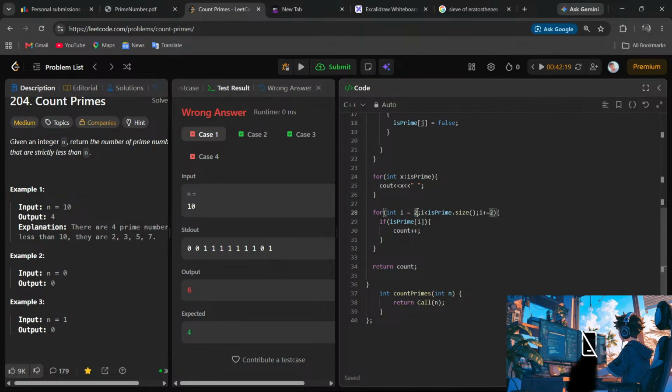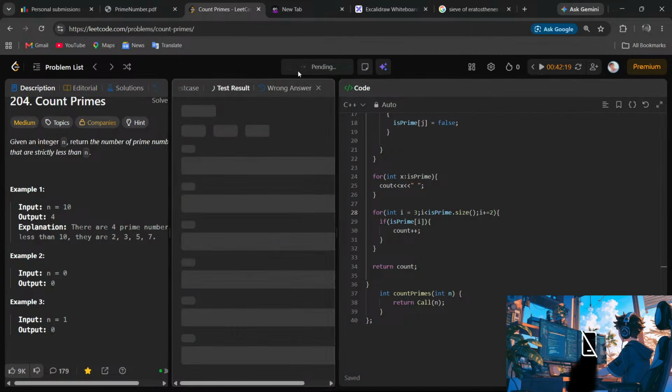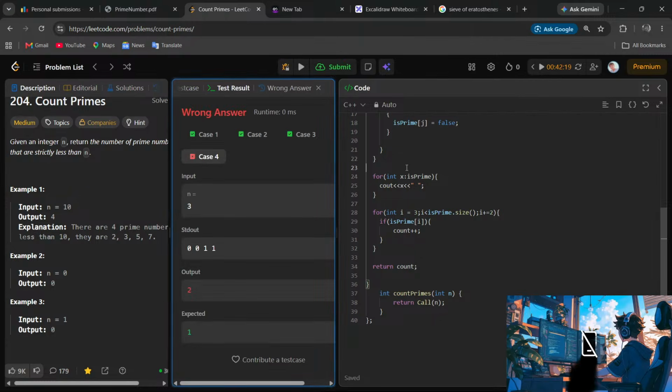So will I have to start it from 3 or will I have to start it from 2? As I am already starting from 2, oh, I have only left that 3. So for 3, output should be 2, but I got 1. So 0, 1, 2, 3.